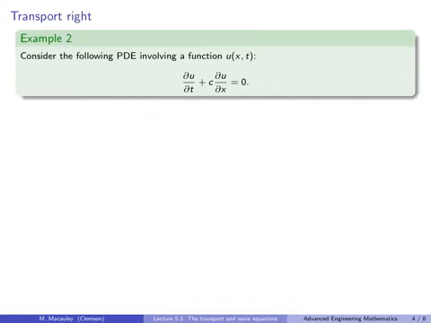Our next example is very similar to the previous one, except now we have a plus here instead of a minus. So this is the PDE u_t plus c u_x equals 0, or we can write it as d/dt plus c d/dx, this operator applied to u equals 0, and we're looking for the kernel of this differential operator right here.